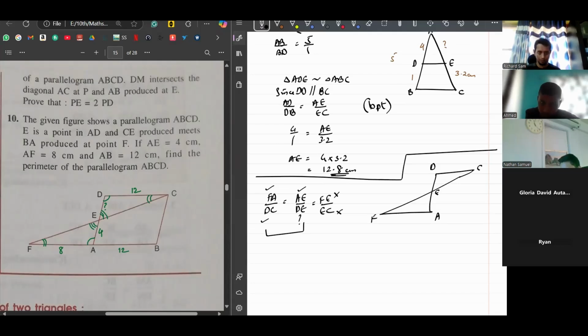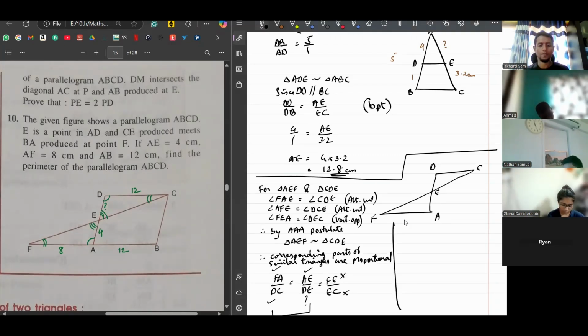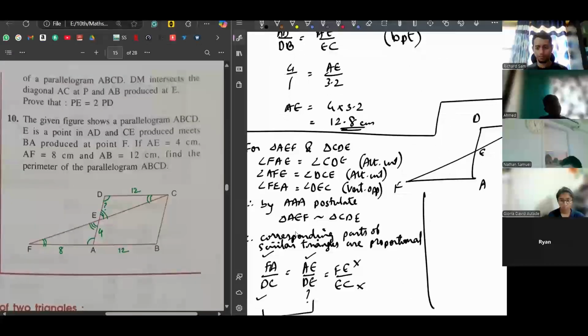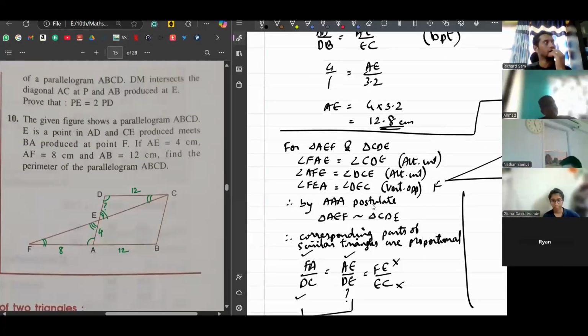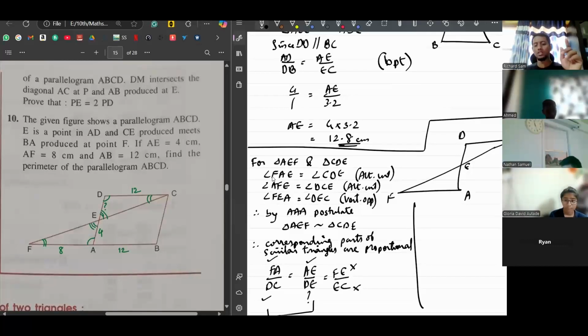I'm writing it here the way you're supposed to write it, okay? This much you have to write before you start solving anything. Look at how we did it. First, we showed the two triangles that we are going to compare, triangle AEF and triangle CDE. Then we showed all the three angles that are equal to each other with their reasons.